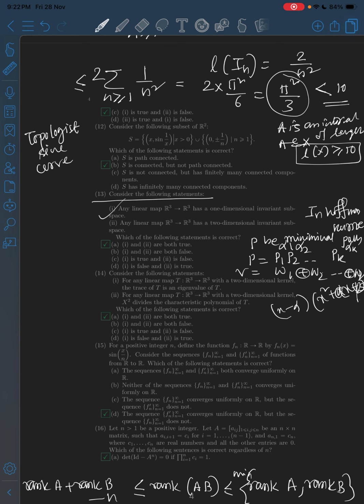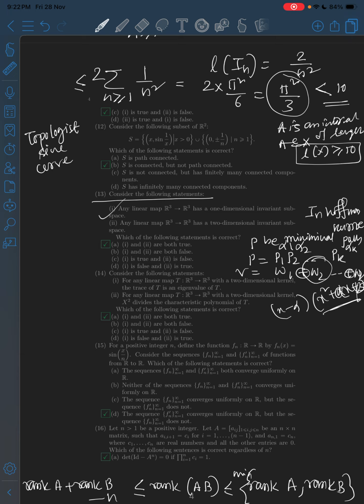So by this theorem, you will get an invariant subspace on which, if you restrict, the minimal polynomial must be this, and the dimension of that invariant subspace must be 2 here. So any linear map from R3 to R3 must have a two-dimensional invariant subspace. So that's why this theorem is very important.